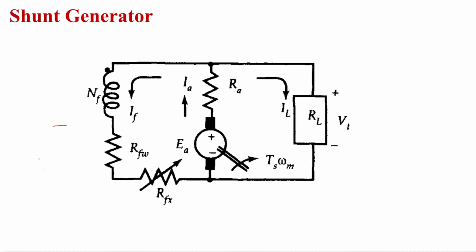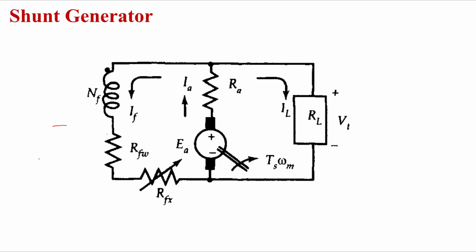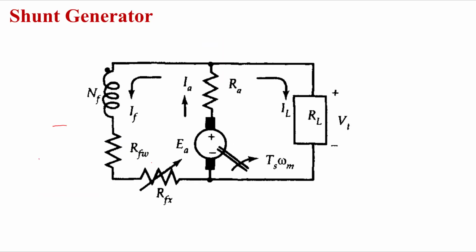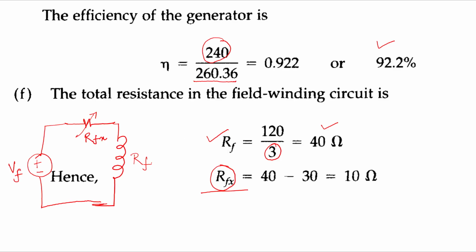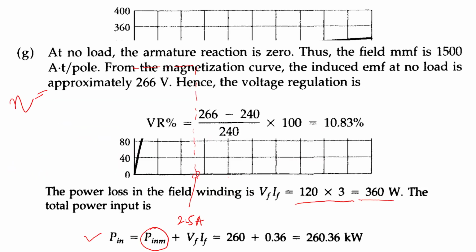Now this is your variable resistance RFX. And this is your RF. So now you can understand how to find RFX, right? RFX will be 40 minus 30, so 10 ohm, right? Okay. So this is okay.